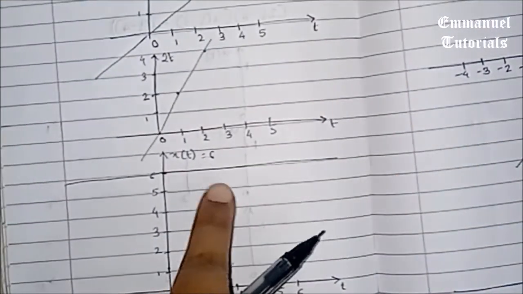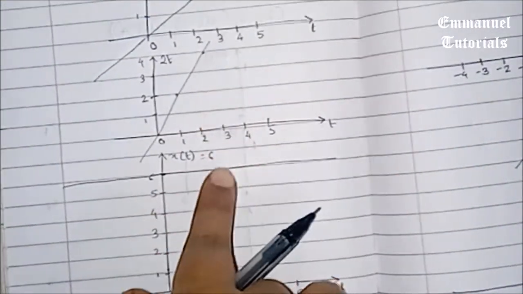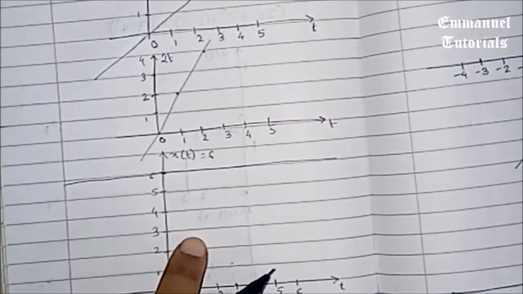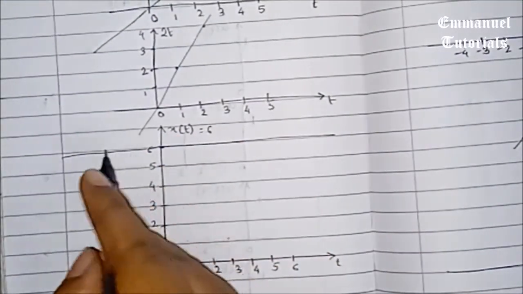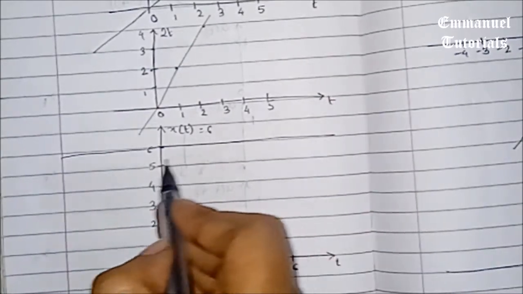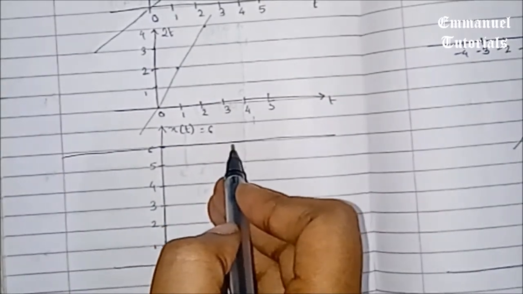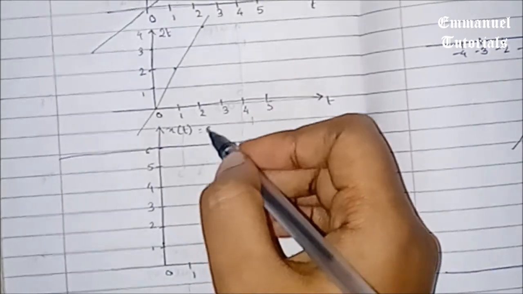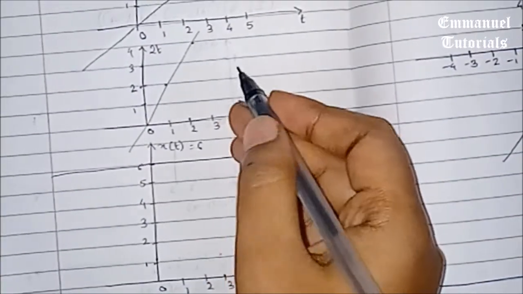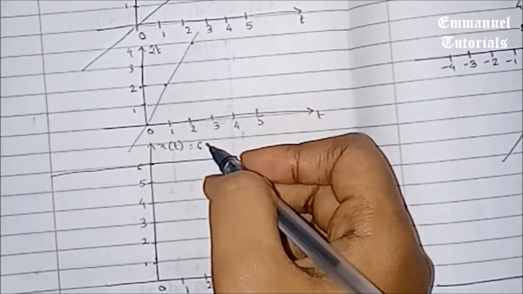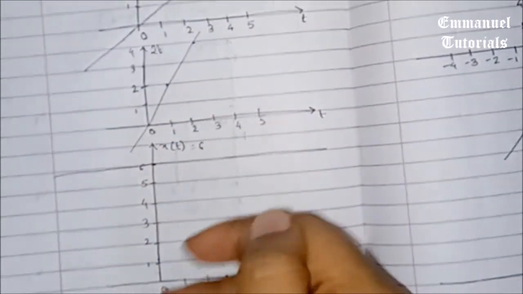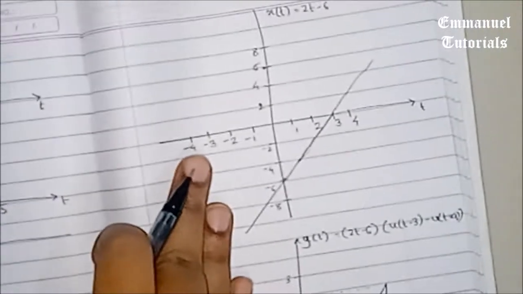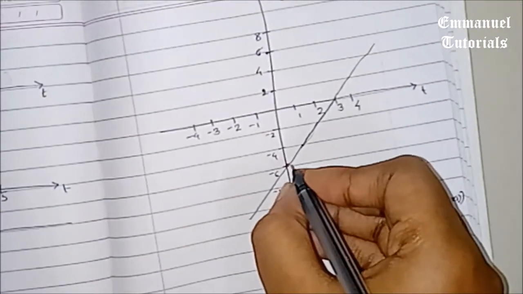Now you have another signal 6, because 2t minus 6 is the resultant signal which you have to consider. So 6 is a DC signal with value 6. Because you're just subtracting 6, it's just a DC shift by 6 to the downward side. So the resultant signal which you will get is this kind of signal.